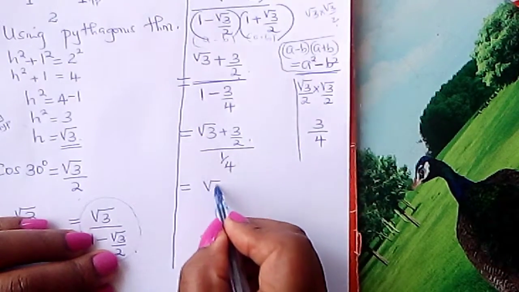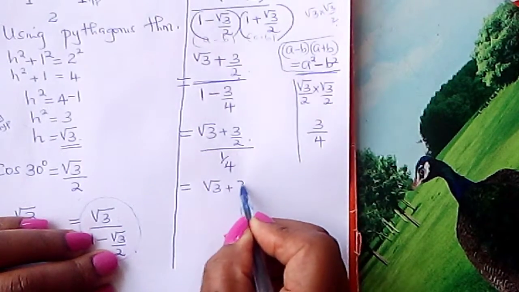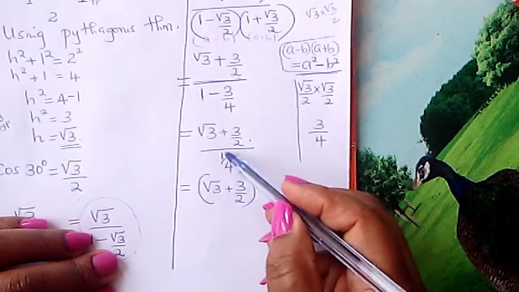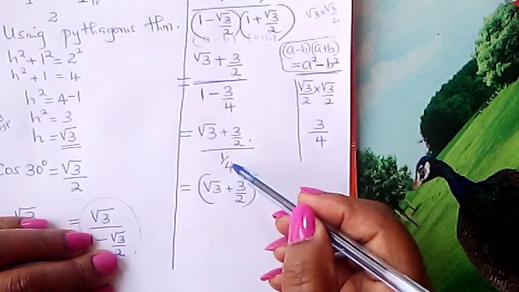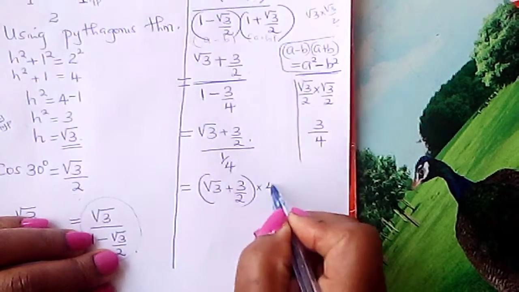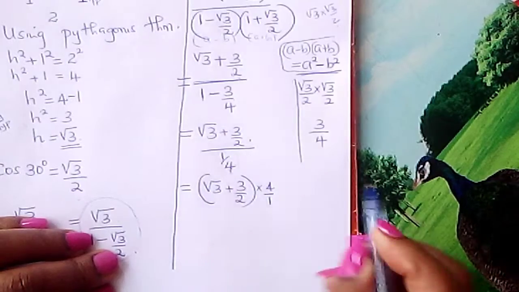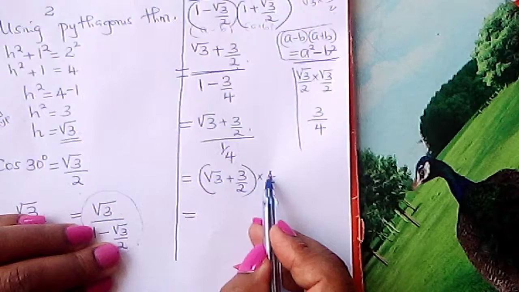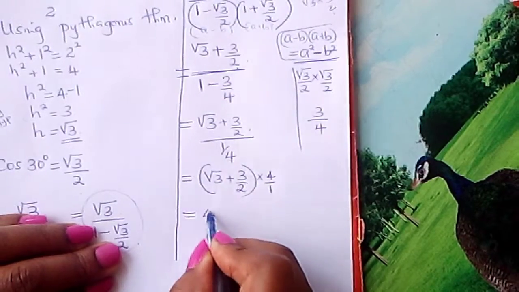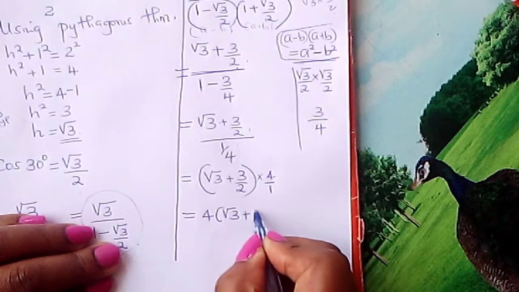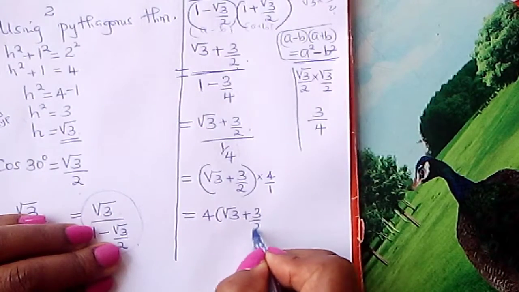So it is root 3 plus 3 over 2 multiplied by the reciprocal. If this is a quarter, then it will be 4 over 1. So you can bring this 4 in front here so that we can move on nicely like that.